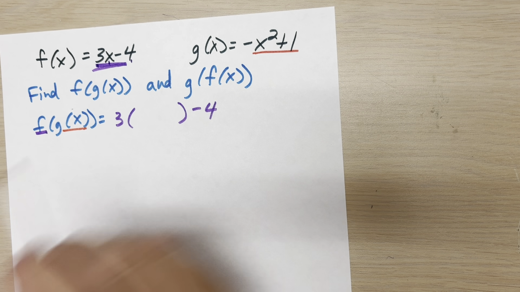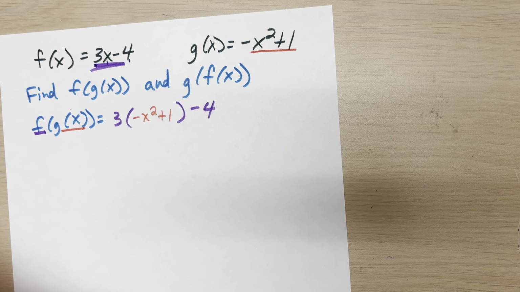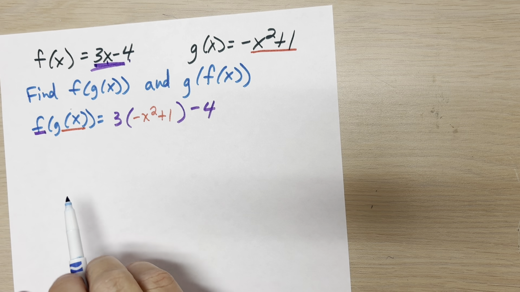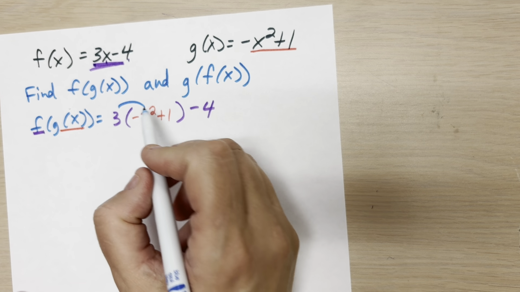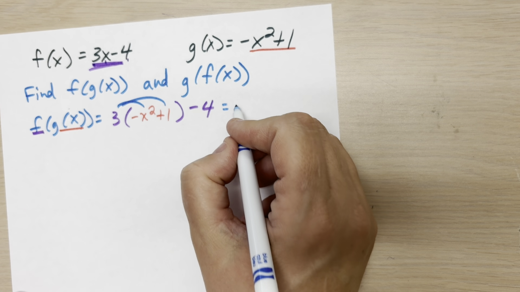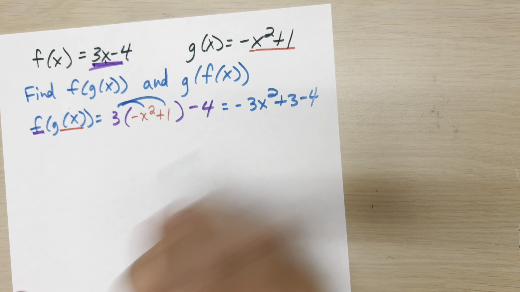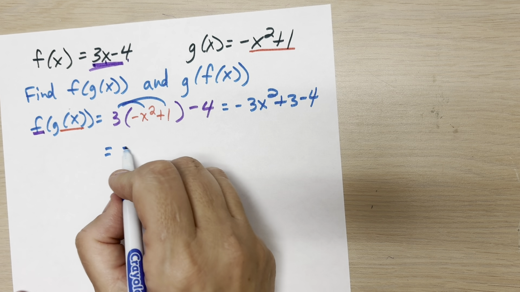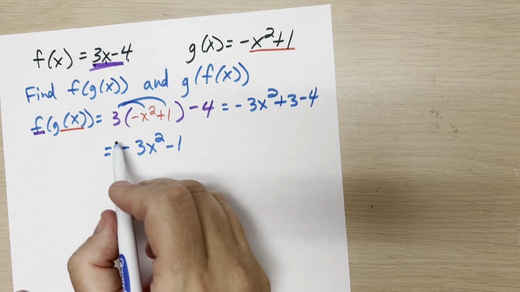The g of x function rule, negative x squared plus 1. Once you've substituted, just use your algebraic skills to simplify. So we're going to distribute in. We'll get negative 3x squared plus 3 minus 4, which simplifies to negative 3x squared minus 1. And that's it.